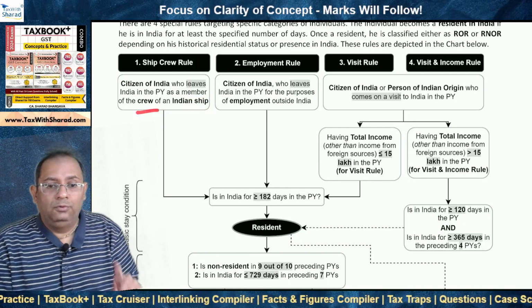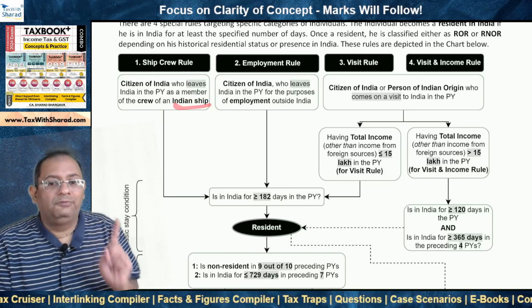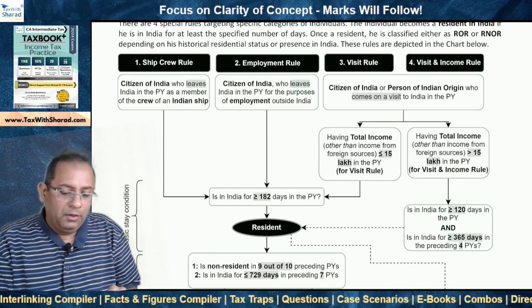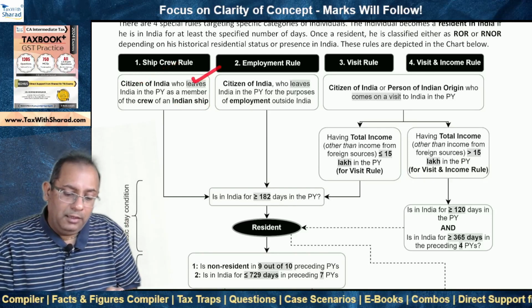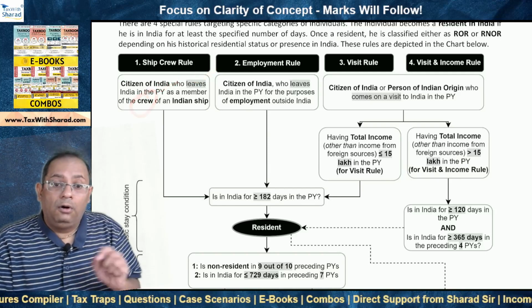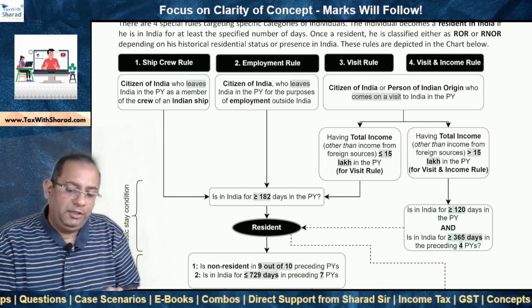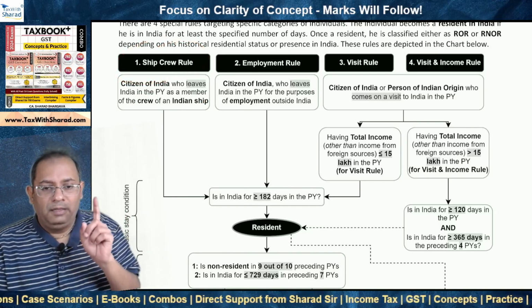As a member of the crew, not as a passenger. As a member of the crew of an Indian ship, not a foreign ship. So a citizen of India leaves India in the previous year as a member of the crew of an Indian ship. If these conditions are met, then the ship crew rule, which is a special rule, becomes applicable.